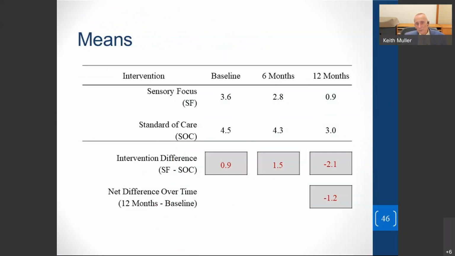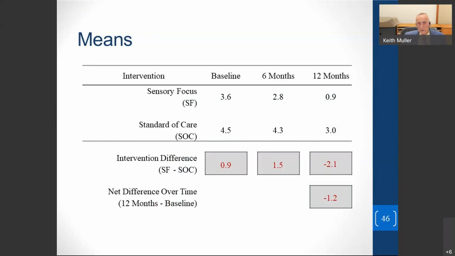And never trust a statistician to do arithmetic on the fly. These 2 numbers should be negative. Less pain is better, and so we like numbers that are smaller. And so that leads to these things. We want a negative direction of effect.